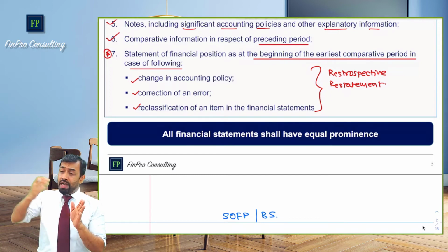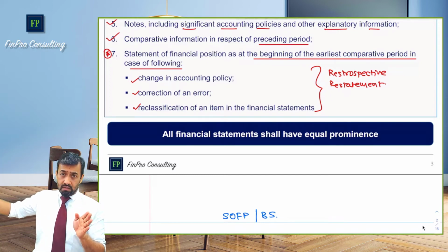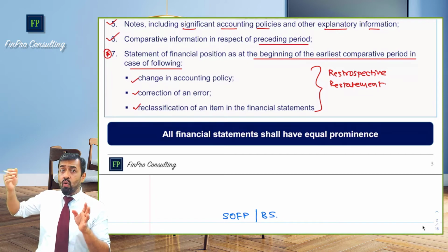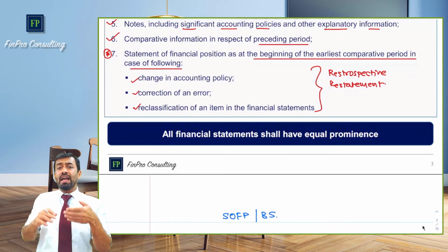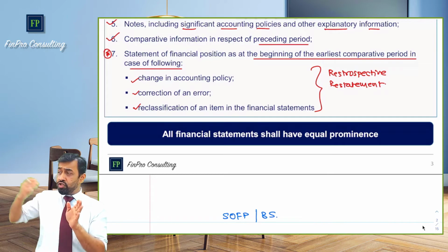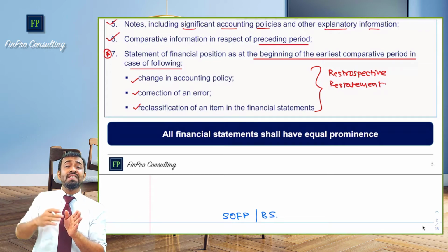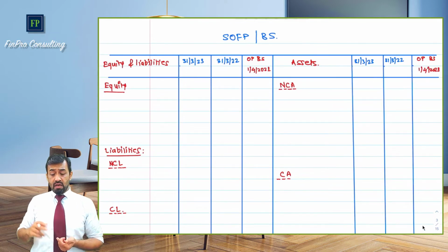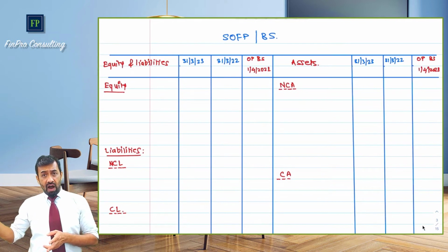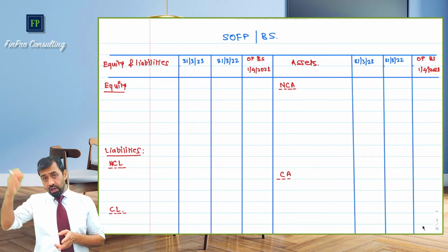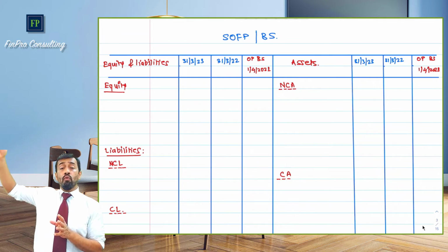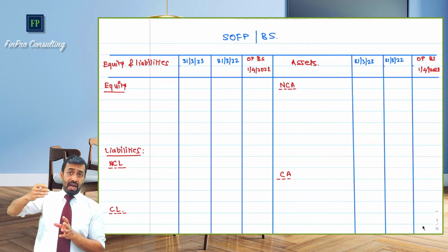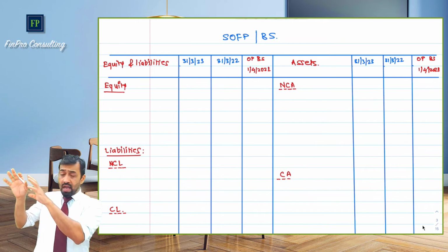If I'm changing any measurement policy with respect to that, then I am required to present or change that accounting policy such that the change was applied since its inception. So that line item, if it's there under assets or liabilities before 2021 or before 2022, then I will remeasure that line item as per the new accounting policy.